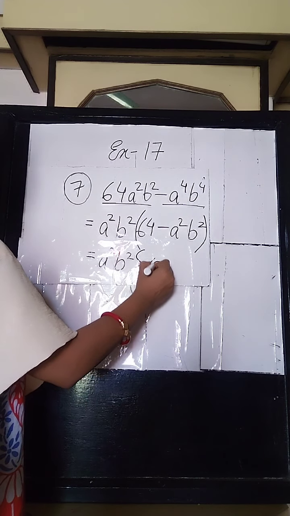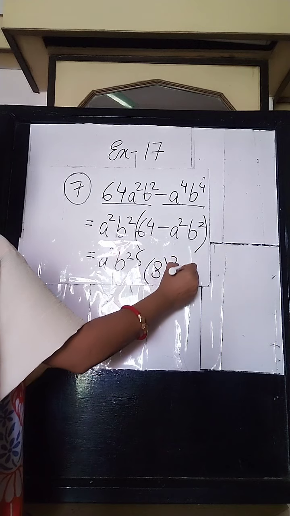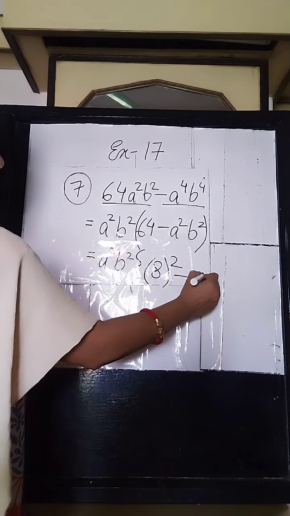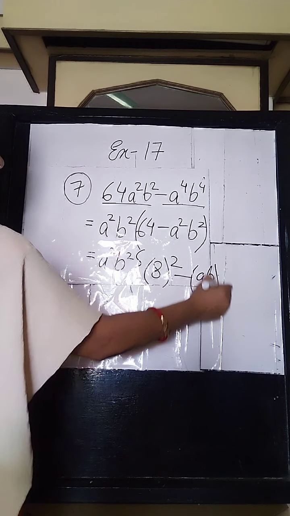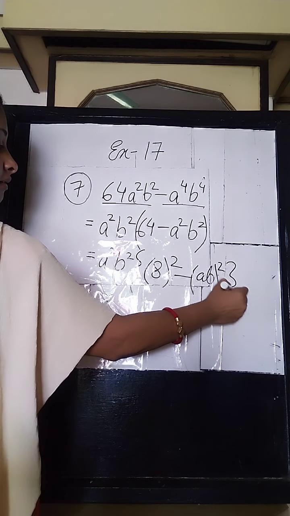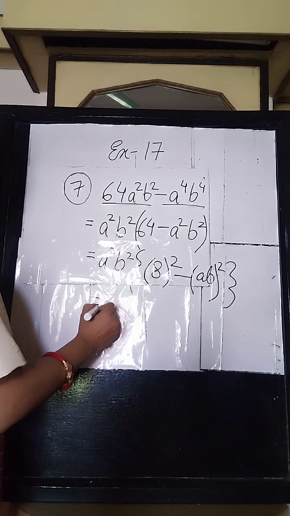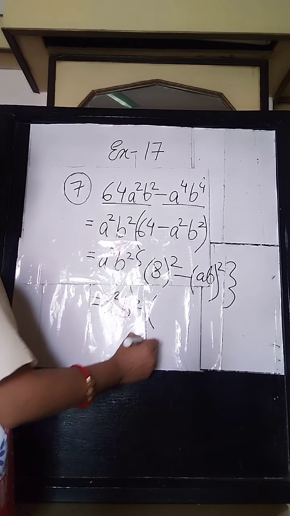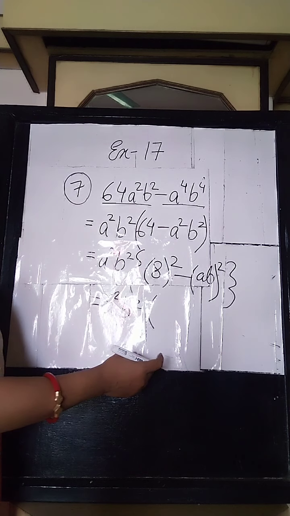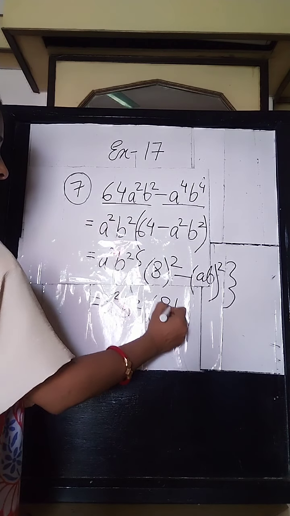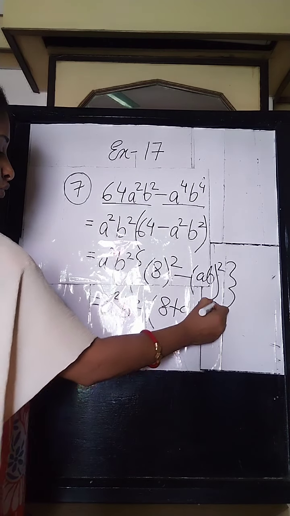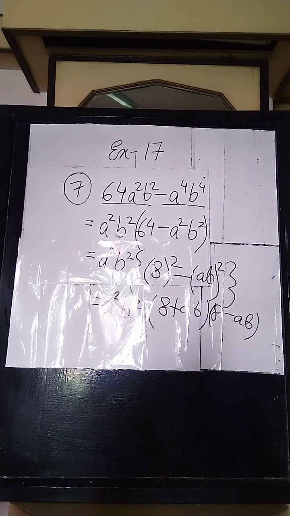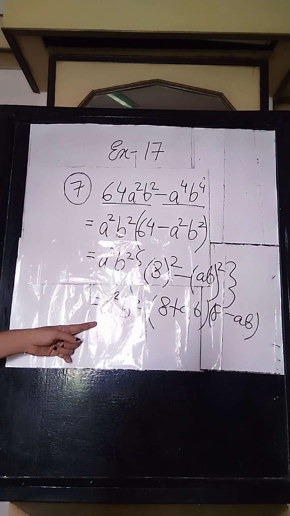Here a is 8 and a square b square means ab whole square. So now you will write a plus b into a minus b. That means 8 plus ab into 8 minus ab. This is how you will solve these type of sums.